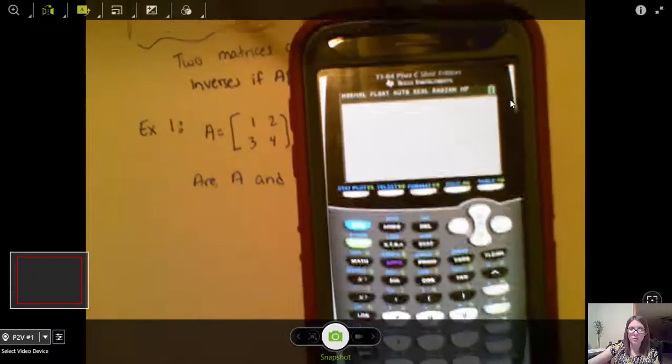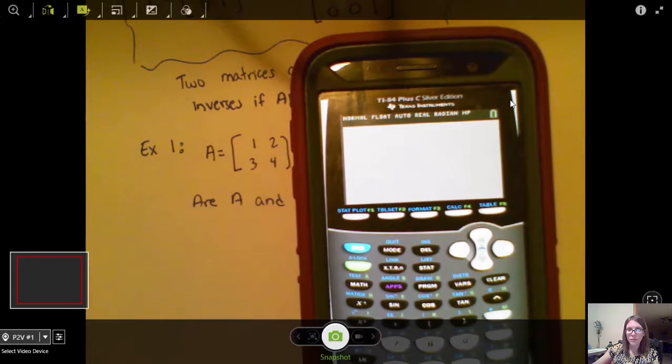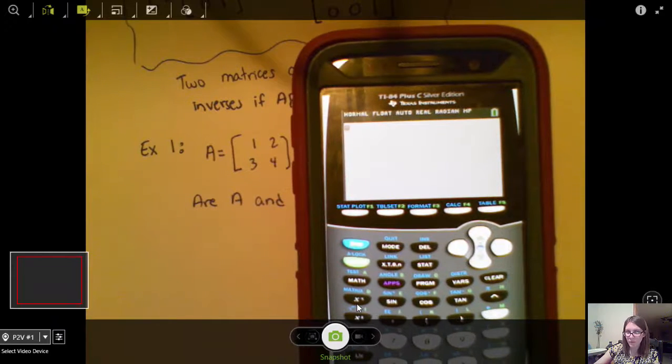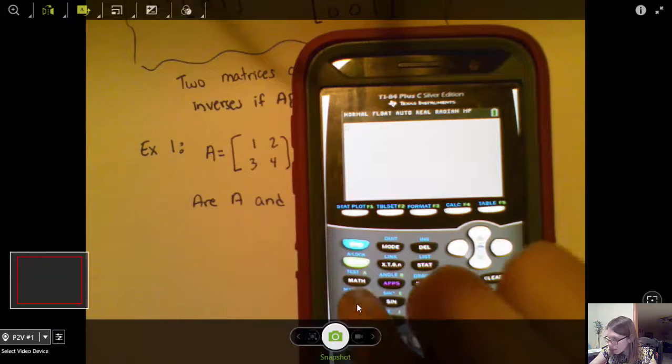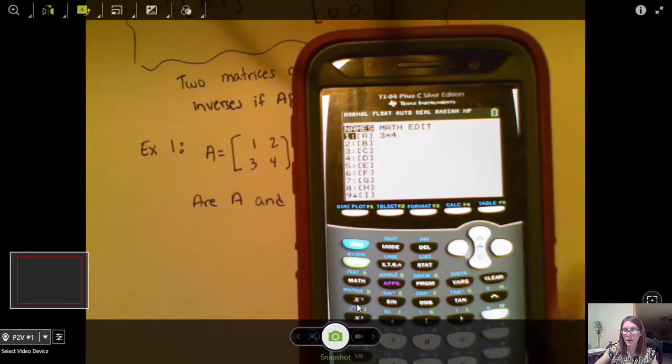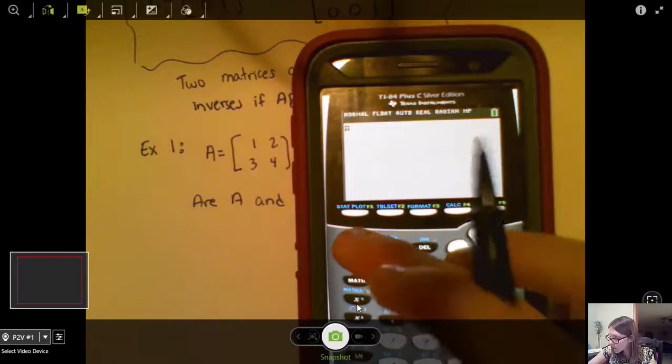The easy way is to go to that matrix button, second matrix, and I want to enter each one of these matrices in.